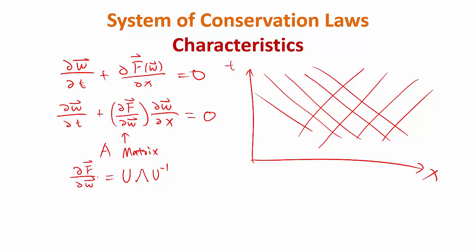Then we can multiply U inverse on both sides of the equation. So we have U inverse partial W partial T plus U inverse times this matrix, which is U lambda U inverse, times partial W partial X is equal to 0.